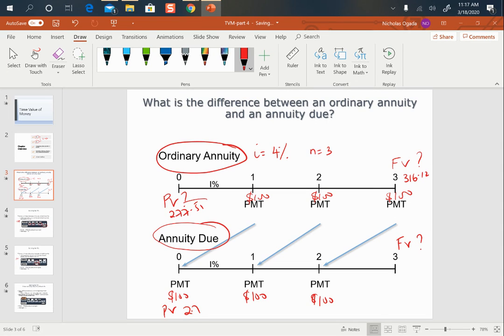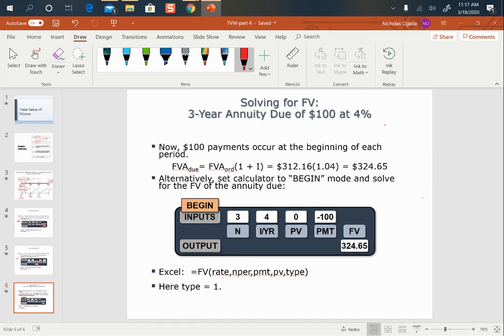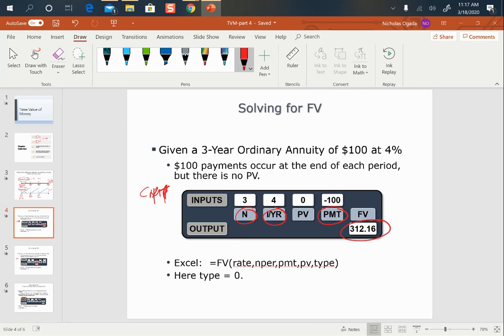So in that example, your present value becomes 277.51 in case of an ordinary annuity, and the future value becomes 316.12 in case of again an ordinary annuity. In case of an annuity due, again, you can use a calculator for those two cases. If you use a financial calculator, then of course, again, you do the future value, the same thing we did for a single amount.